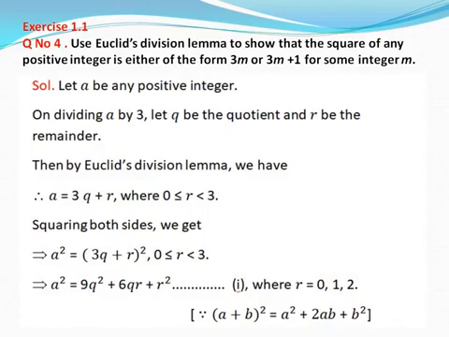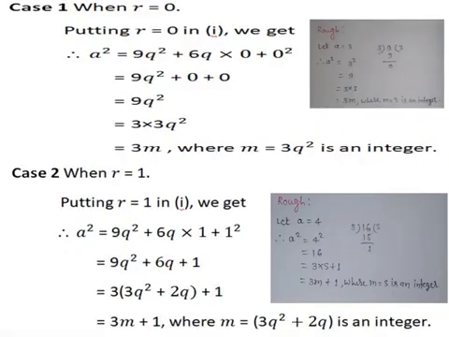A square is equal to 9q square plus 6qr plus r square. Let this be equation first.